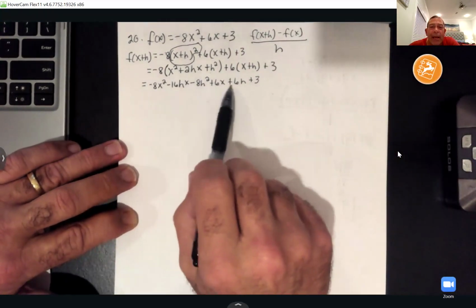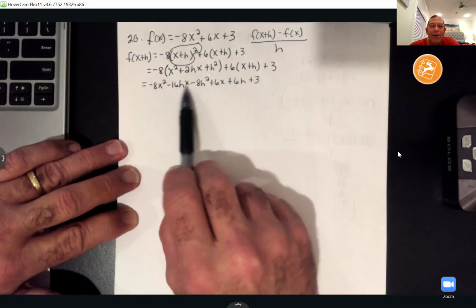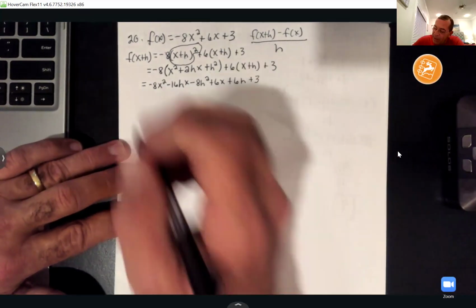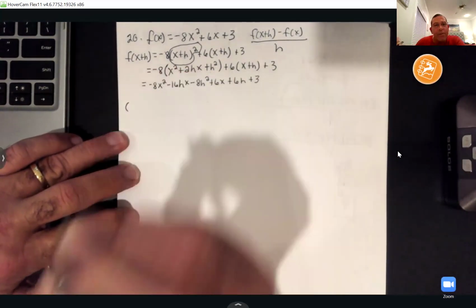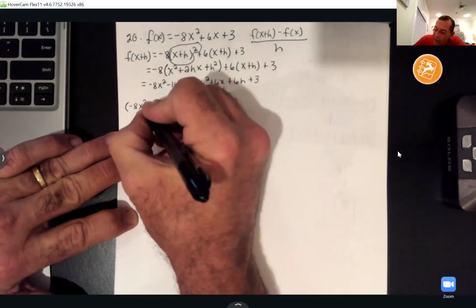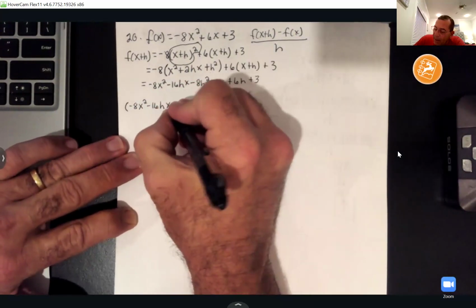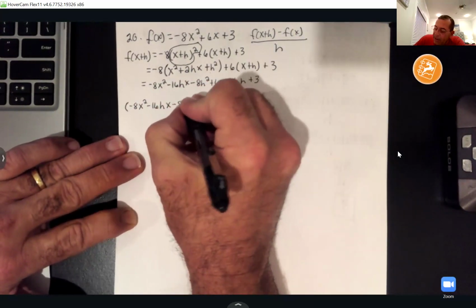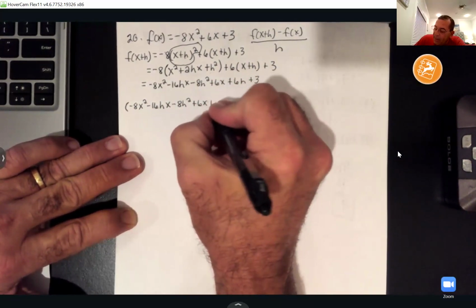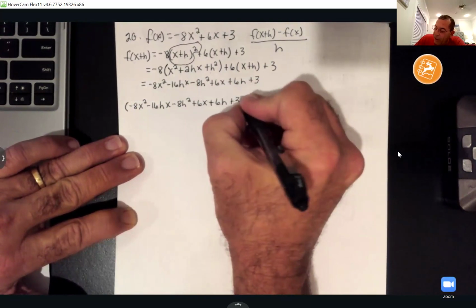All right, y'all, look at that. No like terms at all. So you're going to use that whole thing as your f of x plus h. So let's plug into the formula. Negative 8x squared minus 16hx minus 8h squared plus 6x plus 6h plus 3.